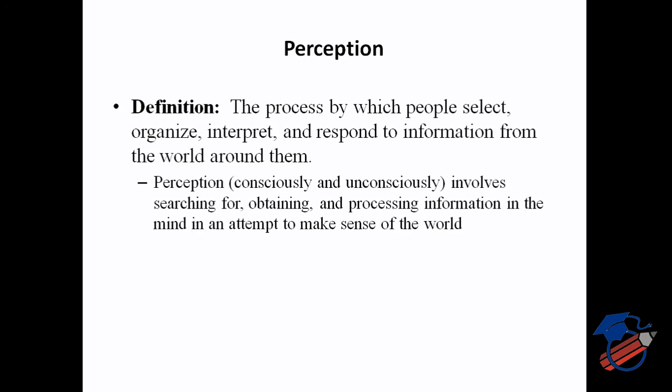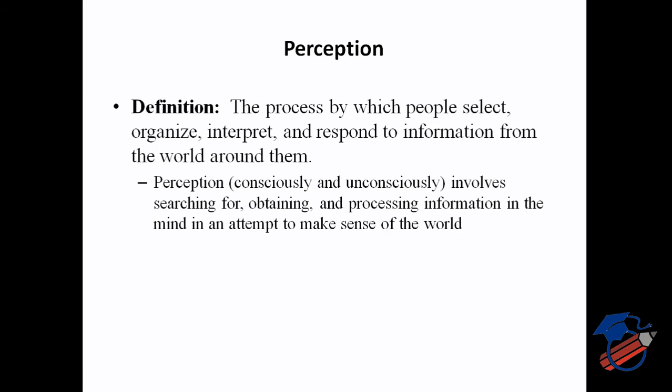And if we go to the definition of perception, then it is a process. It involves a number of steps, and it is a process by which people select, organize, interpret, and respond to information from the world around them. The various things that are around us send us stimuli.